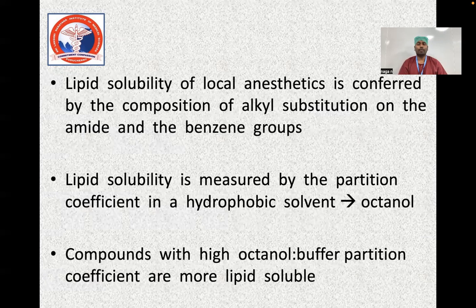Lipid solubility of local anesthetics is conferred by the alkyl substitutions on the amine and the benzene groups. Lipid solubility is measured by the partition coefficient in a hydrophobic solvent called octanol. Compounds with a high octanol-buffer partition coefficient are more lipid soluble.